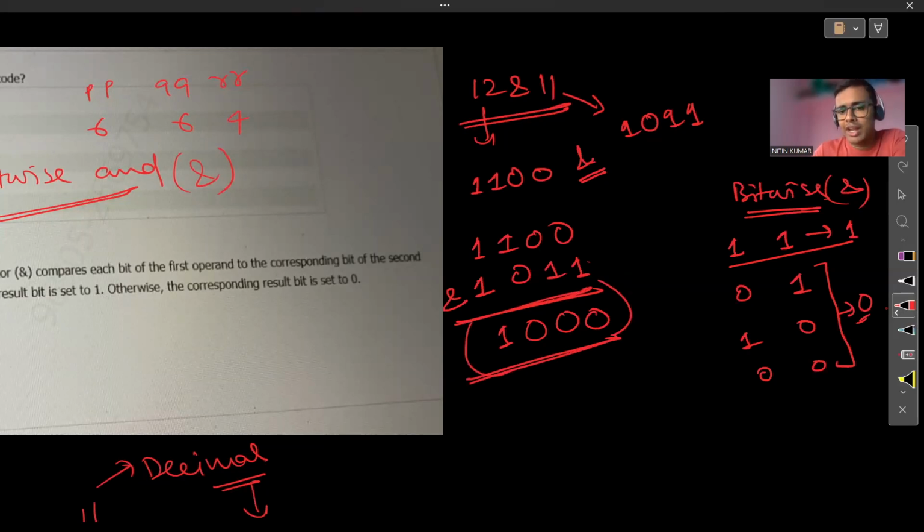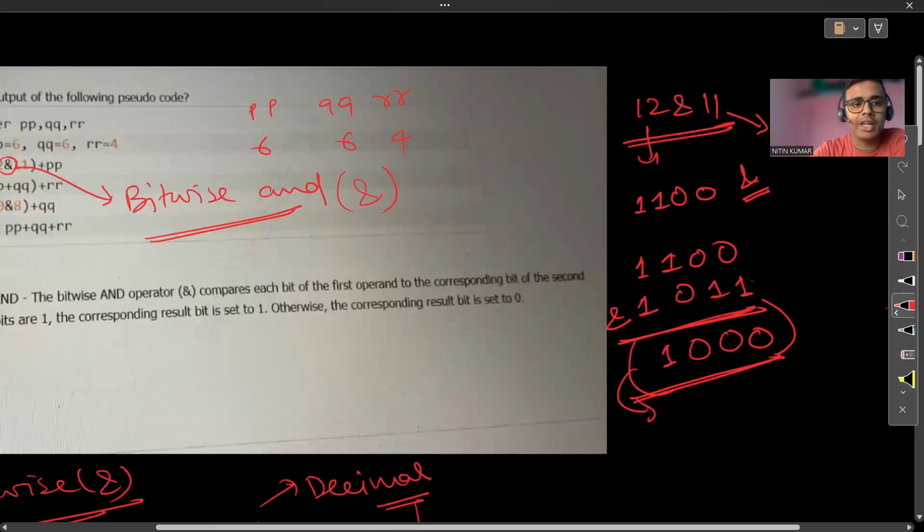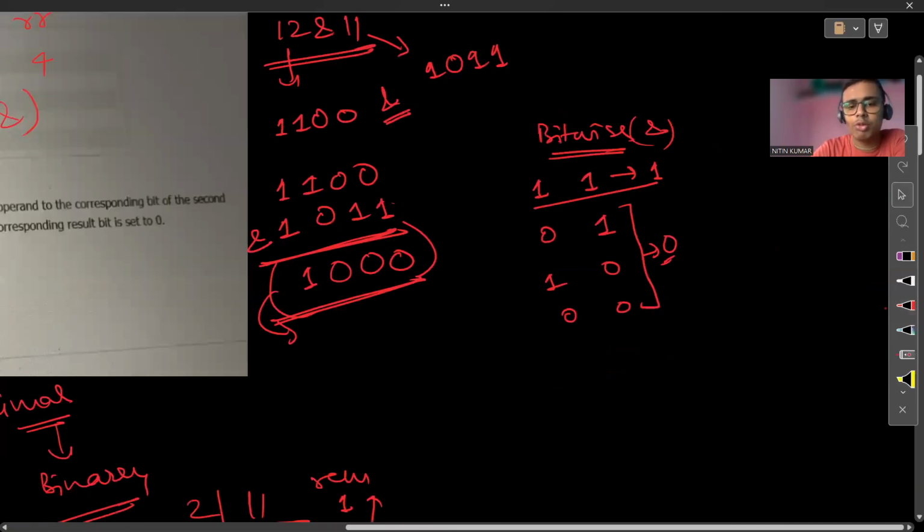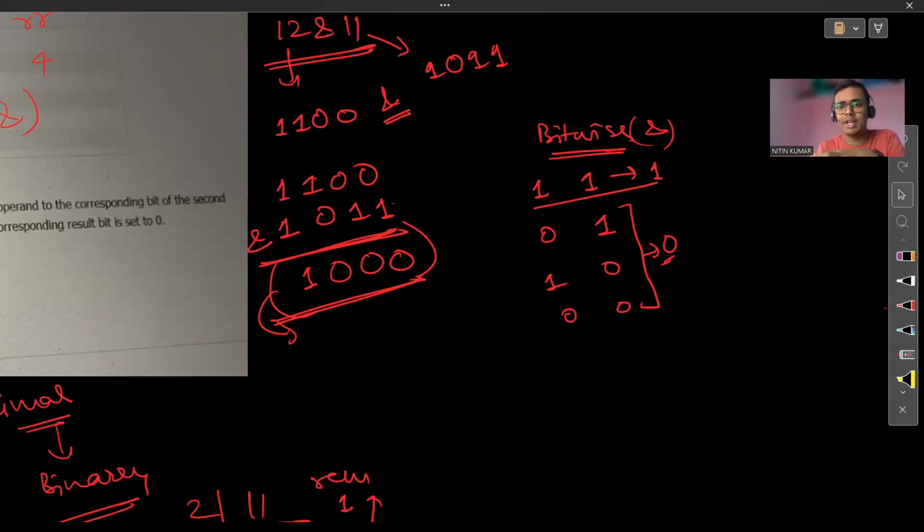Now, I am getting this new value, but this value is in binary form, and I have to convert it into decimal form because I am operating here in this pseudocode in decimal form. We learned how to convert a decimal to binary, but now we are learning how to convert a binary number to a decimal number. So let's take this number. To convert it from binary to decimal, we have to follow some rules.